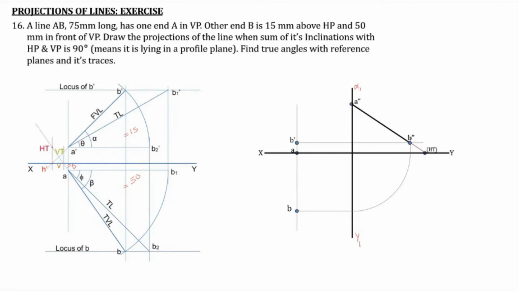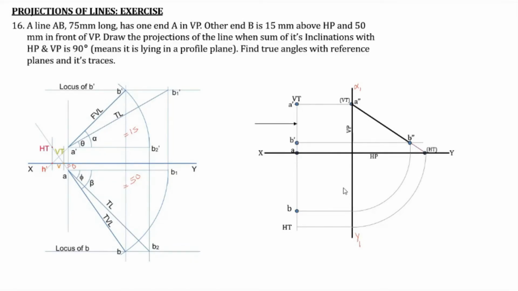So this point is A double dash, and that same point is VT also. Now from A double dash, we draw the locus of A dash in order to get A dash. This point is A dash, and VT and A dash are the same. Now from HT, we draw the arc in order to get the horizontal trace in the top view.